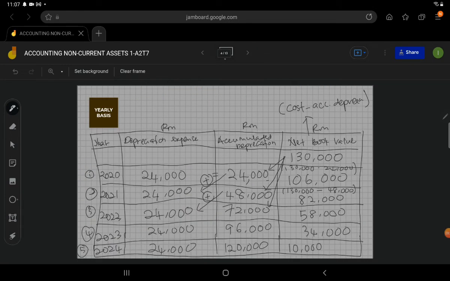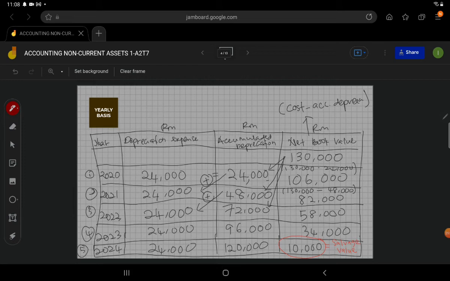So, the conclusion, at the end of the useful life, okay, the amount of net book value must equal to the salvage value. Okay, conclusion dia, pada akhir usia guna sesuatu aset, fixed asset, net book value mesti sama dengan salvage value.